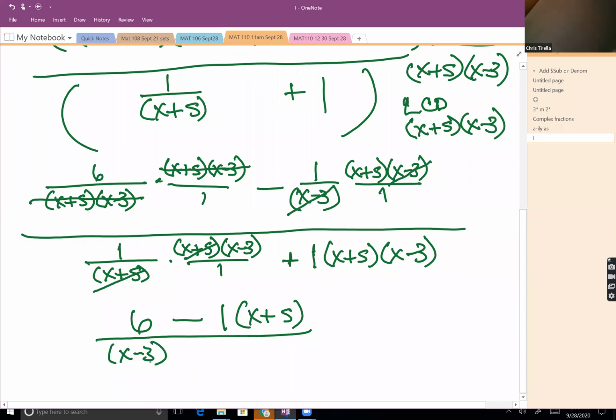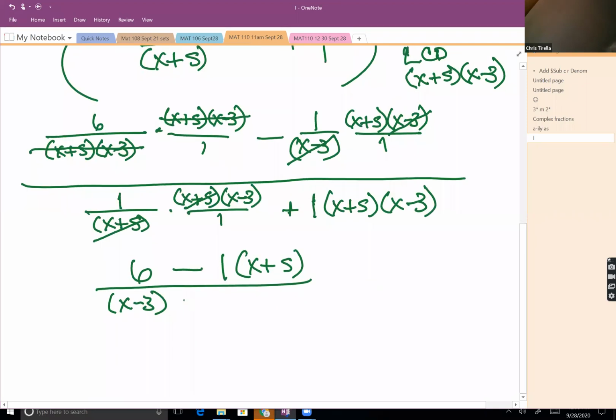And over there, because I still have to add, I'm going to multiply it out. That's going to be x squared first, outer minus 3x, inner plus 5x, minus 15. In that numerator, I've got that minus in front of the parentheses. So I'm going to think of that as 6 minus x minus 5.